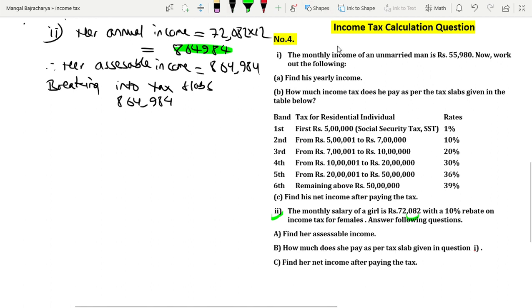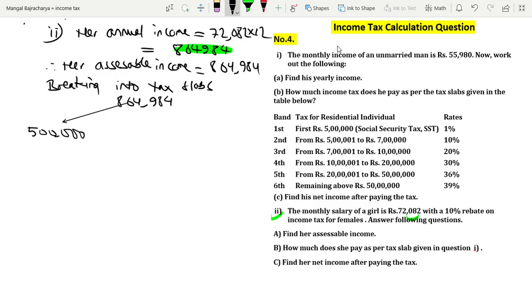So first we break this into the first band of tax slab, that is of 5 lakh, where one has to pay 1% of tax. So first slab is here 5 lakh, and then the second slab falls under the category from 5 lakh to 7 lakh of the taxable income.